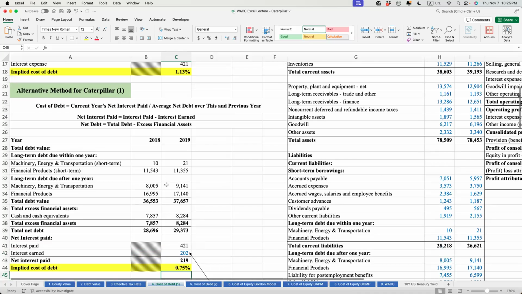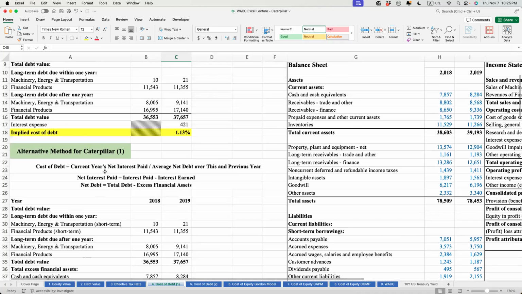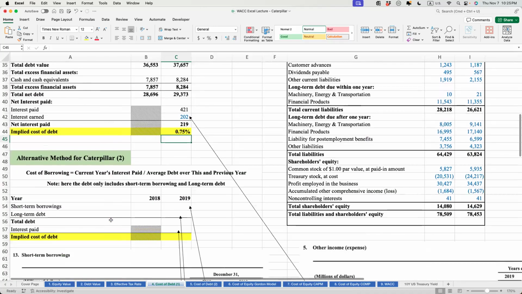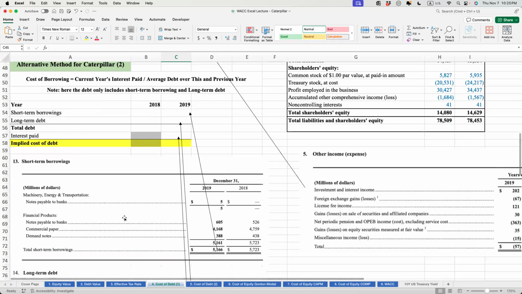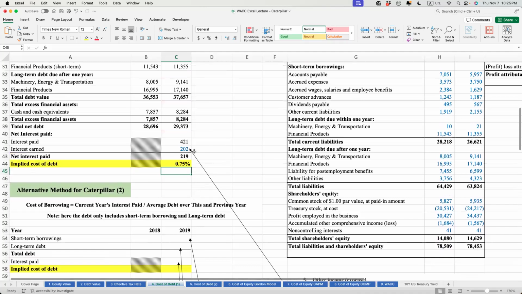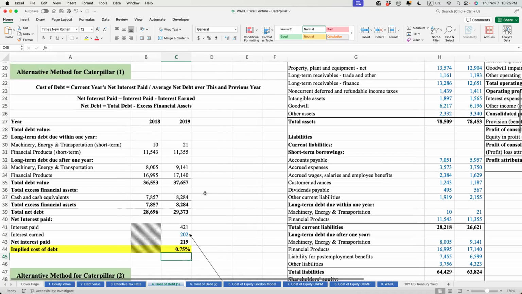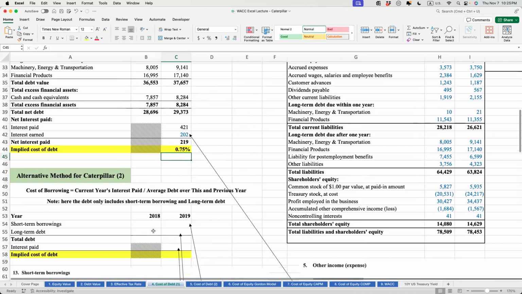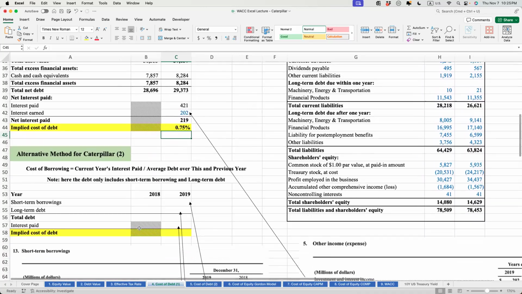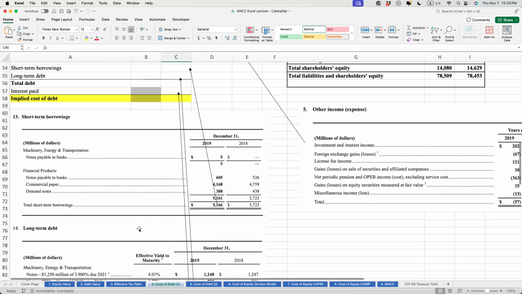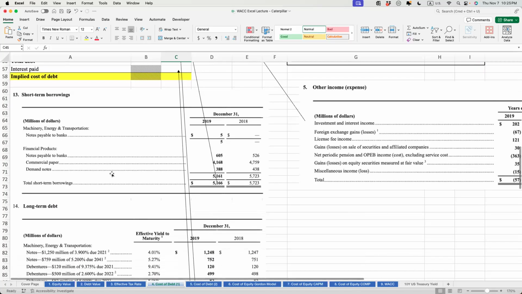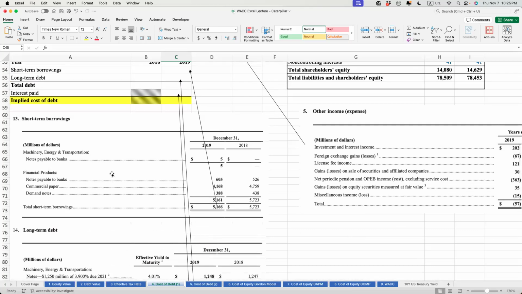So this is the second method. You do need to understand both of these two methods for our class. Okay. And then I did give you various alternative ways to do that. So far we're just using the debt value provided by the balance sheet. But technically speaking, when we calculate the cost of debt, another reasonable thinking is that we should only focus on the interest-bearing debt, meaning that if you search the notes from their 10-K, they will give you some information specifically for the interest-bearing debt.